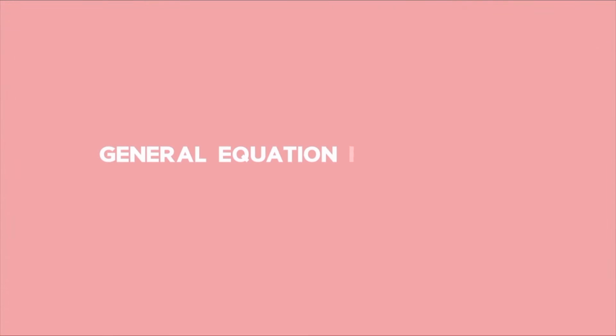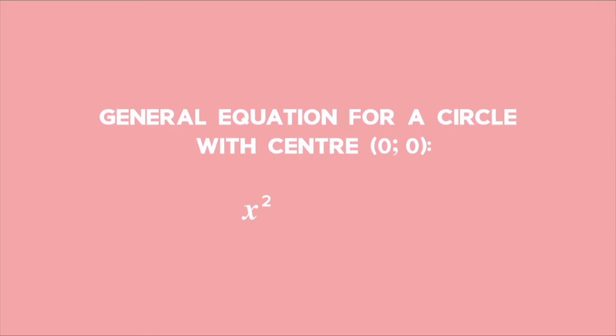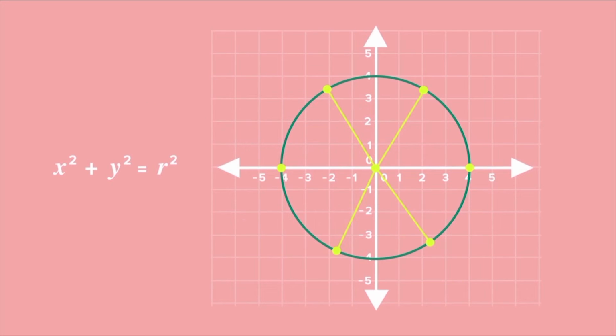The general equation for a circle with the center at the origin and radius r is x squared plus y squared equals r squared. Here is a circle with the equation x squared plus y squared equals 16. It is centered at the point 0, 0 and has a radius of 4 units.